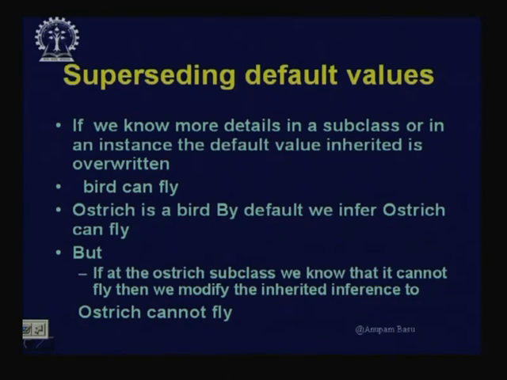Now, here is a classical example, birds. We know birds can fly, we know birds have feather, birds are covered with feather, all right. And we also know that penguin is a bird, we know ostrich is a bird, we know eagle is a bird, sparrow is a bird.